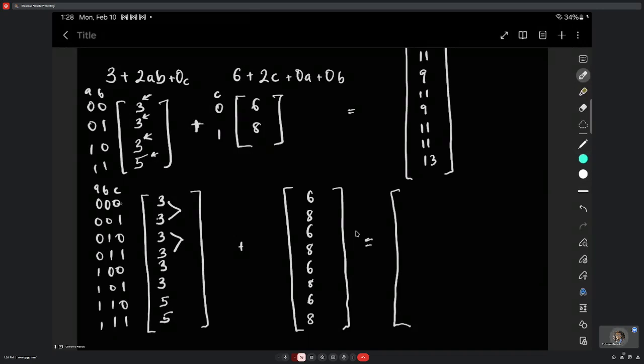So here is 0, 0, 0, 0. So 6, 6, 6, 6. Right? And where C is 1, 1, 1, 1, 8, which is this? 8, 8, 8. Right? Okay.